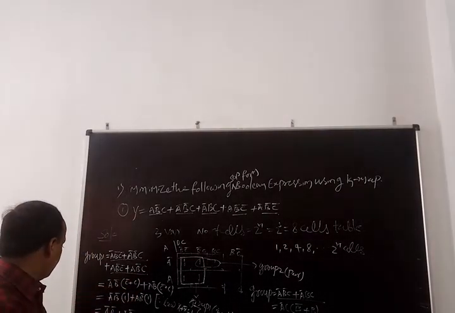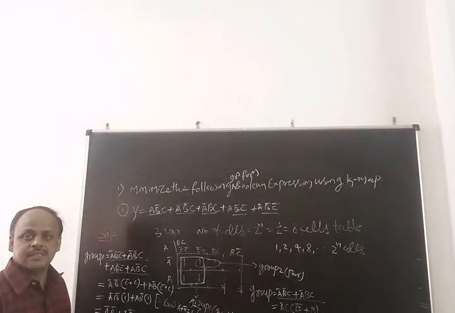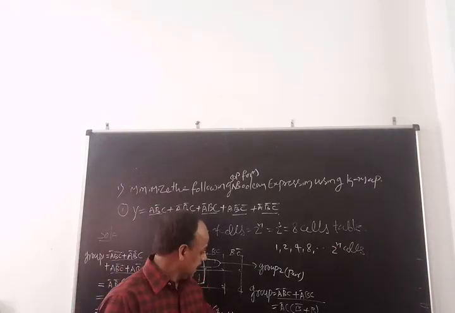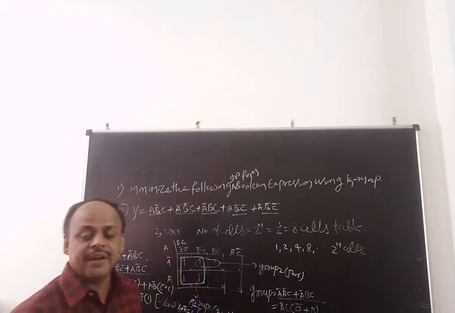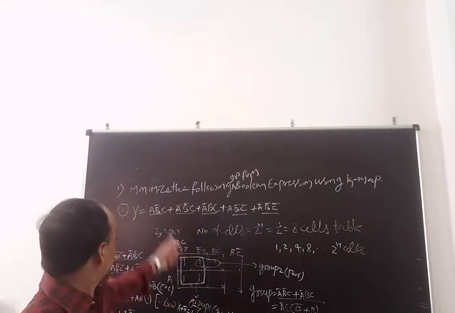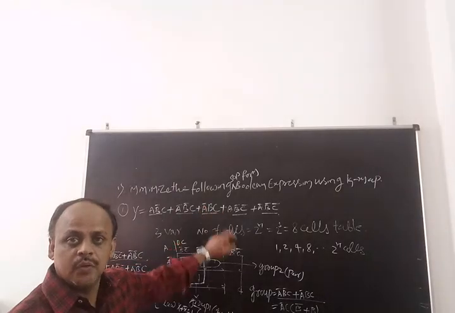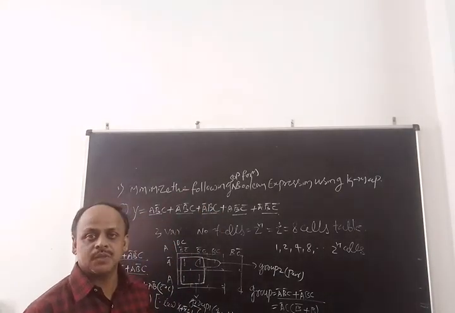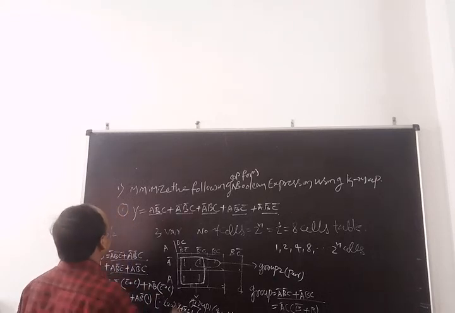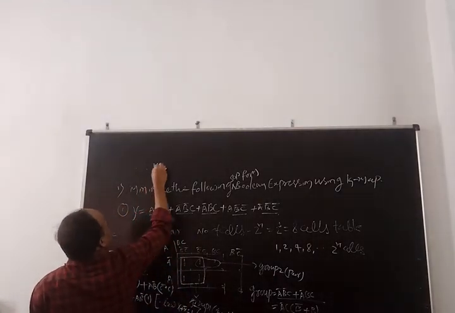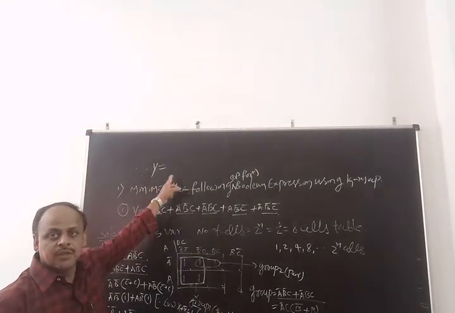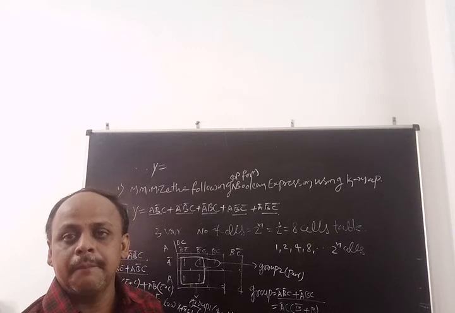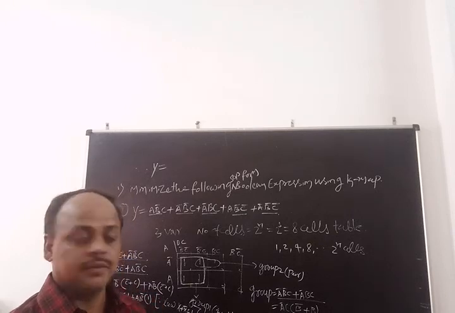So from group 1 we get B bar as simplified term. From group 2 we get A bar into C. So to get the final minimized Boolean expression, we have to add these two minimized terms. Therefore y is equal to, to get minimized Boolean expression, add all the minimized terms.